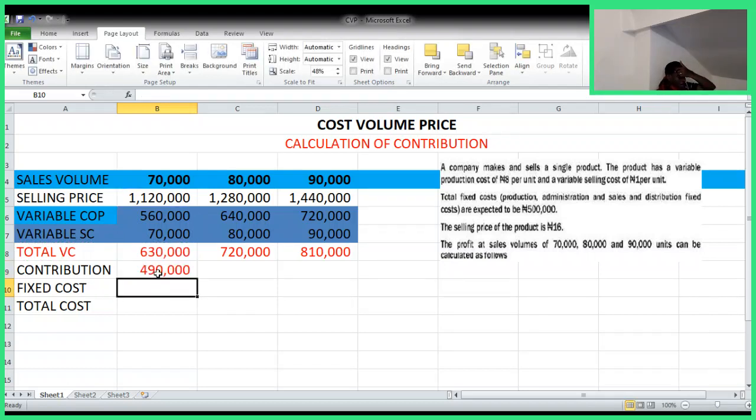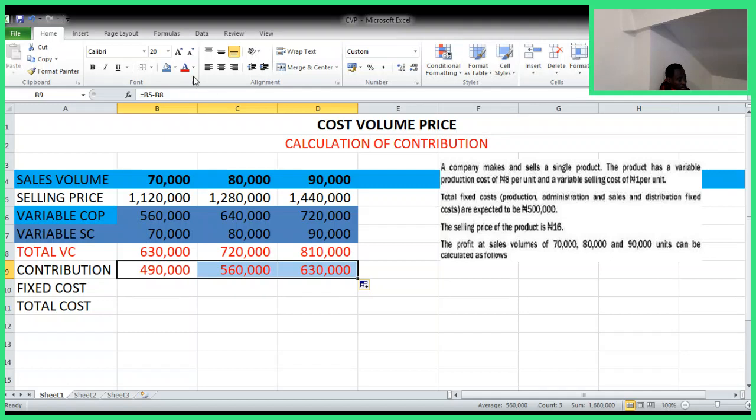So we have 490,000 when we produce at 70,000 capacity and the like. So this is our contribution. Let me put it in another shade of color. Okay, can we see it?